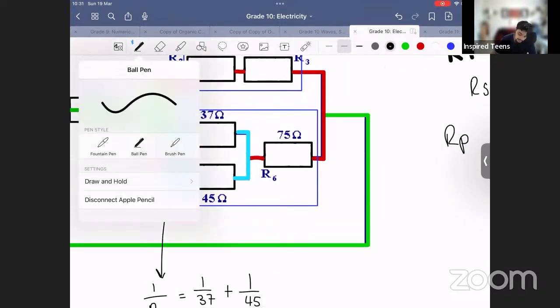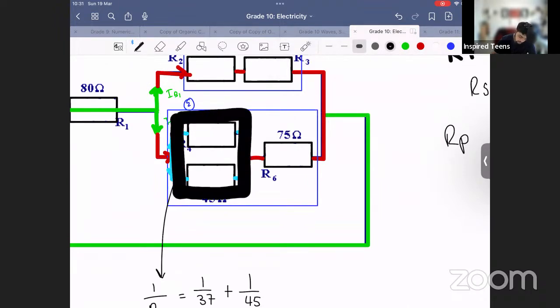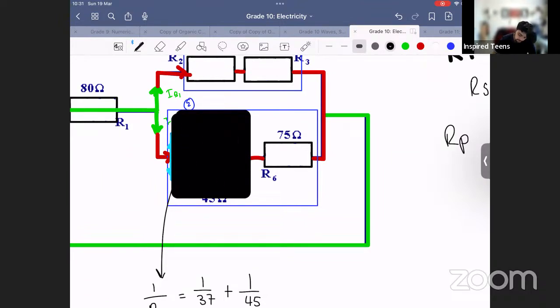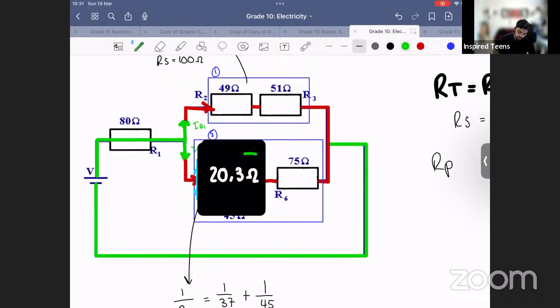Like I said, again, we can replace this guy with one resistor that just has 20,3 ohms.